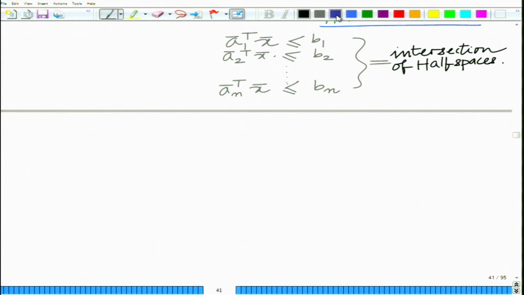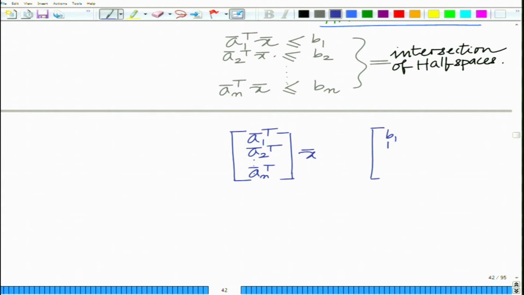I can write this as follows. I can concatenate all these in a matrix: A1 bar transpose, A2 bar transpose, up to An bar transpose, times x bar, with the right hand side B1, B2 up to Bn.